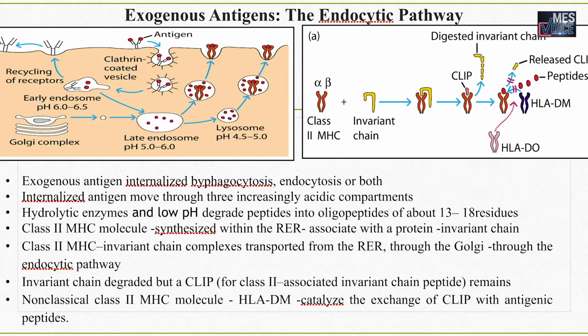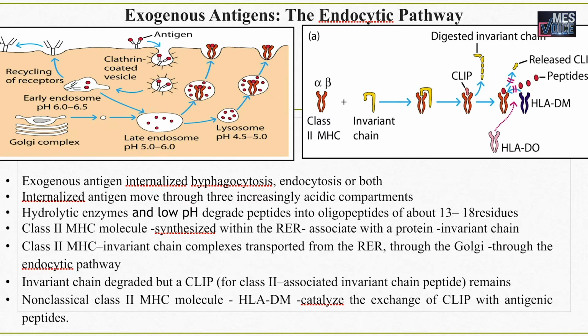The purpose of this binding is to prevent any endogenously derived peptides from binding to the cleft, because in this compartment, the rough endoplasmic reticulum itself, some parts of the processing of the exogenous and the endogenous antigens also take place.